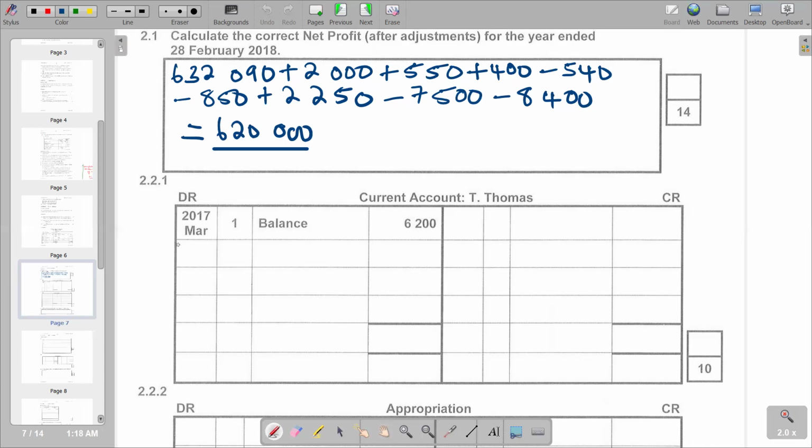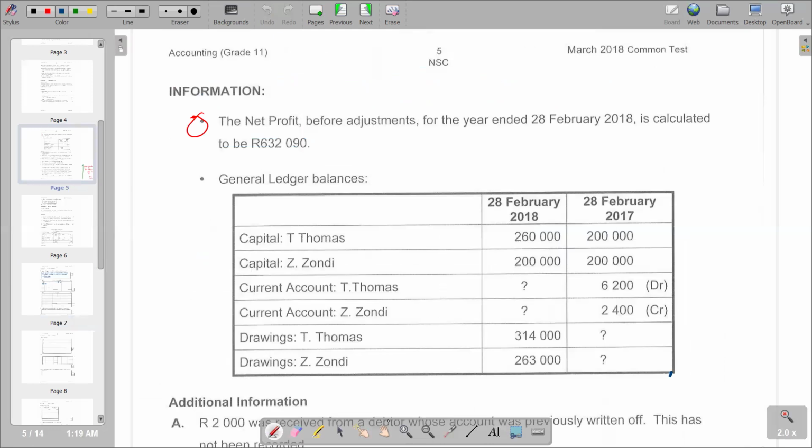So here we are going to say 2018, February 28. This applies on the credit side as well, 2018, February 28, which is at the end of the period. So we check for those items that we have identified, which should be on the debit and which should be on the credit.